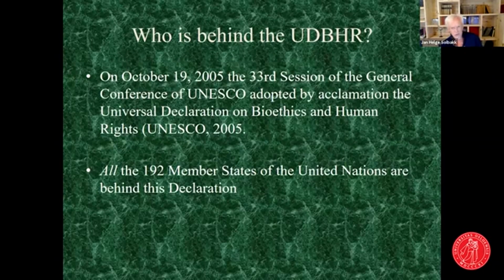And as you recall, behind this Universal Declaration that was adopted in 2005 on October 7th, behind this declaration are not medical associations in some countries, but all the 190 member states of the United Nations.